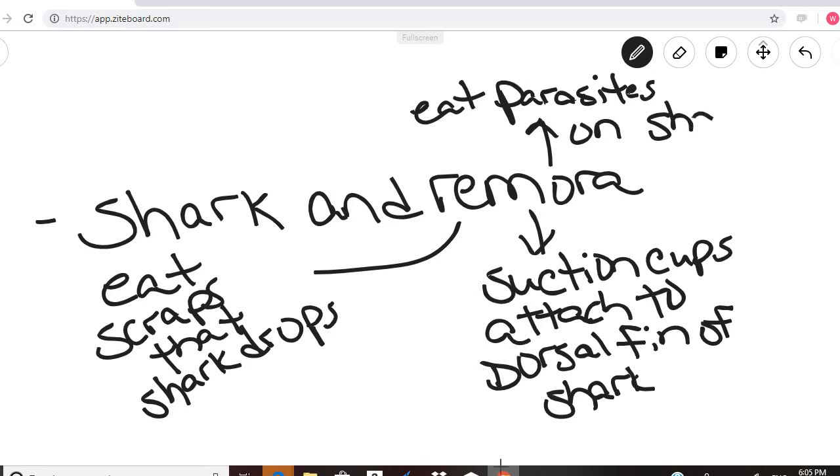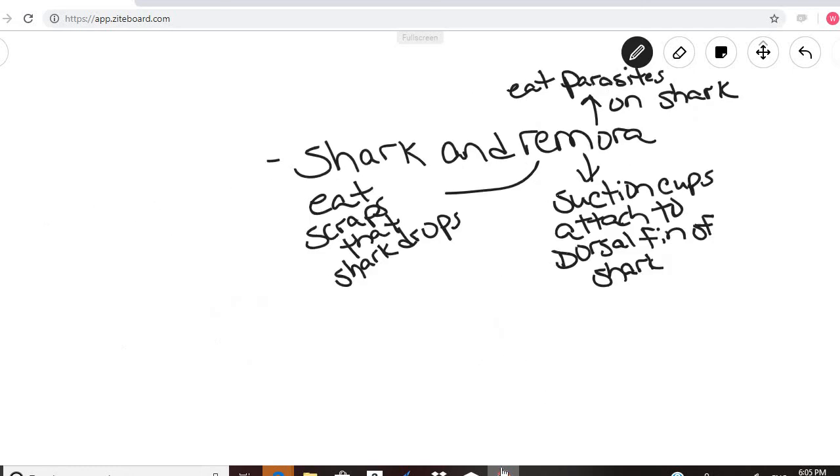So the remora benefits by eating the food that the shark drops, and the shark benefits because the remora will also eat parasites that are living on it. There are other symbiotic relationships that are discussed in your book.